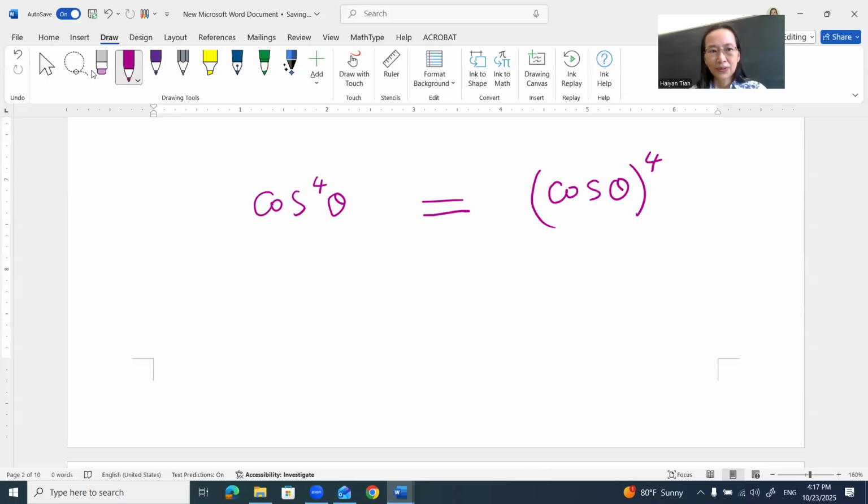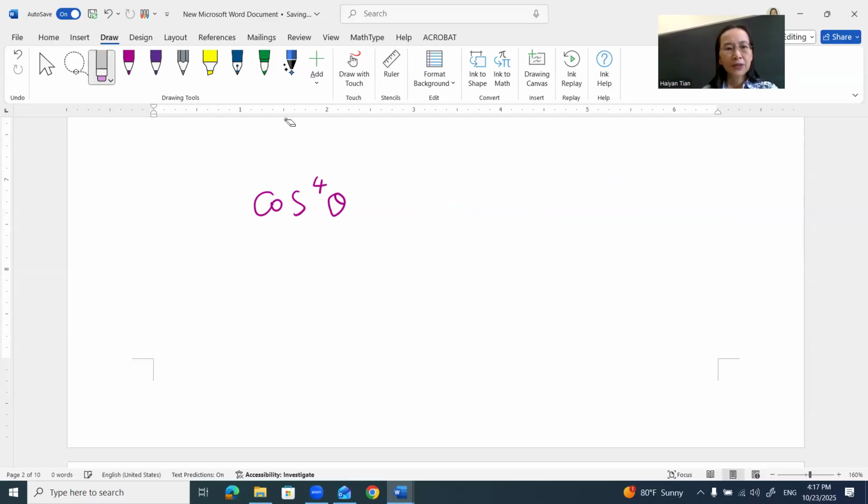Usually we prefer to put the power, this 4, on top of the cosine, which means the cosine value of theta is raised to the power 4. Okay. So this is any theta.